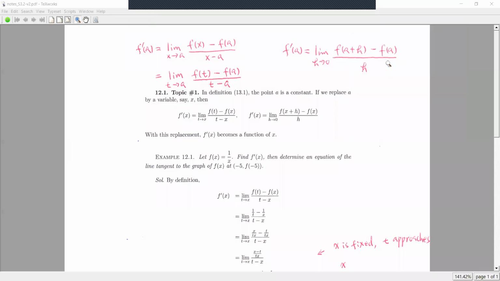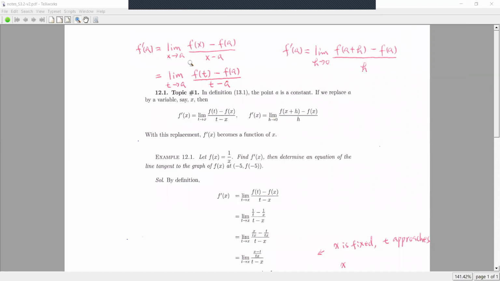In this equation, replace the point A by x, then we have this equation. This equation says that derivative of the function f at x is this limit.